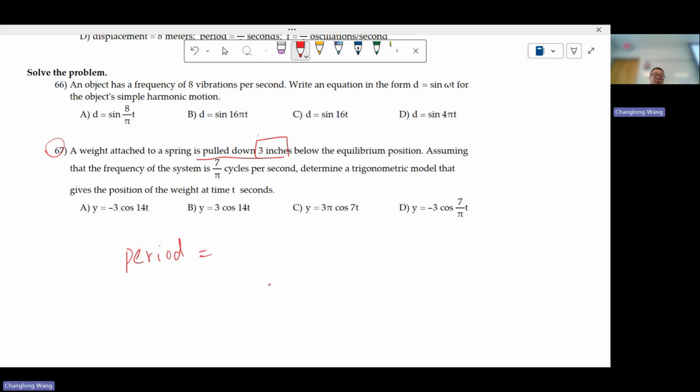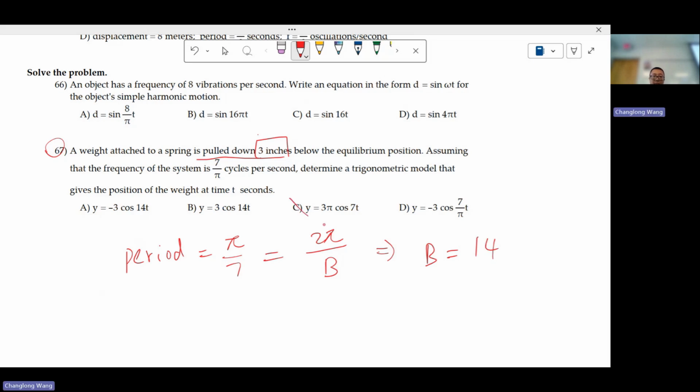If the frequency is 7 over pi, what is the period? Pi over 7, just flipping it. But it has to be 2 pi over b, right? We need to know the b value to tell which function is right. So now you're solving for b, however you want to do it, maybe cross multiplication or rearranging the terms. I hope you see that the pi's cancel and b works out as 14.